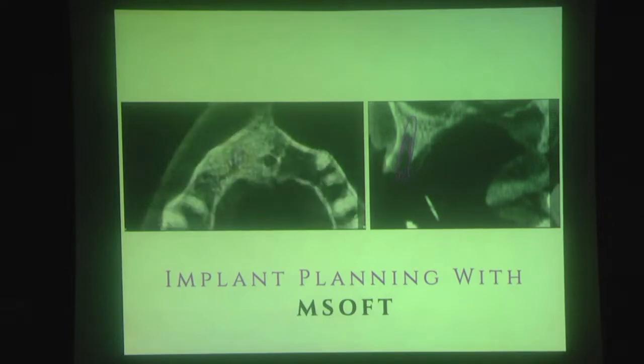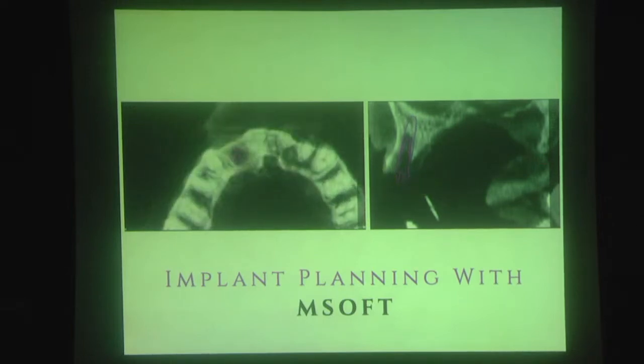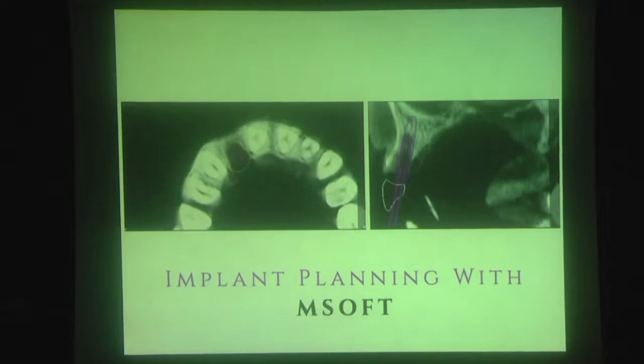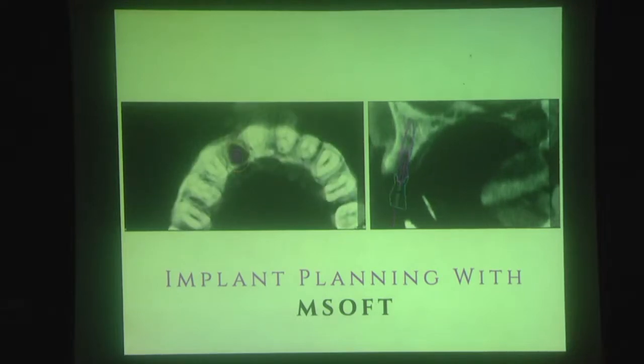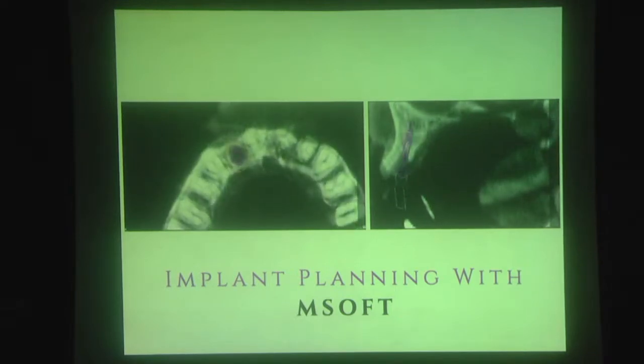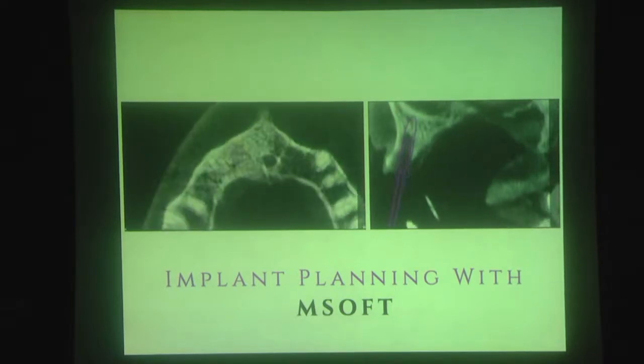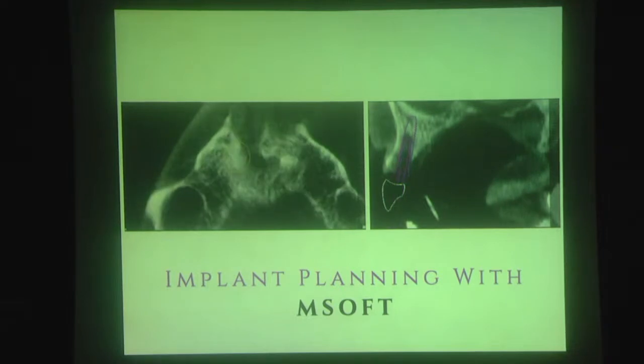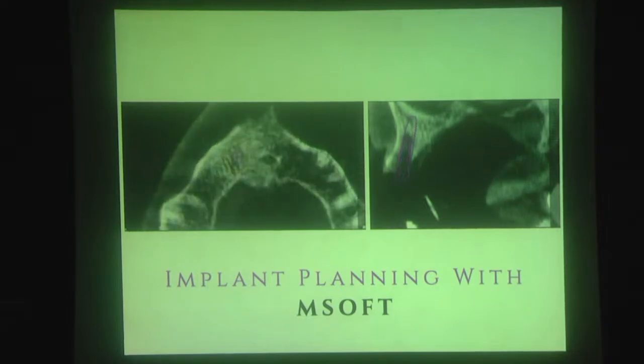So we just planned the implant with M-Soft. And this is an extraction socket. And you know, in the extraction sockets, we must not touch the buccal bone plate, which is very important for us.